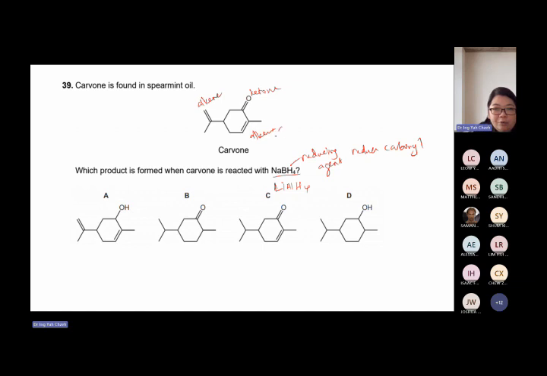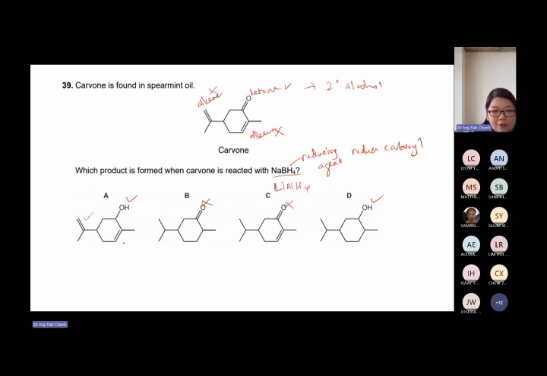So this one will not react, alkene will not react, alkene will not react, only ketone will be reduced to secondary alcohol. So we are finding the answer: these two remain, but this ketone is converted to OH. So you see, this one OH, this one OH correct, this one not correct, didn't react.